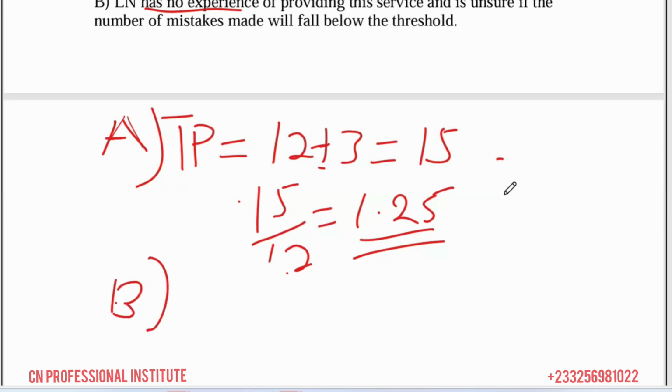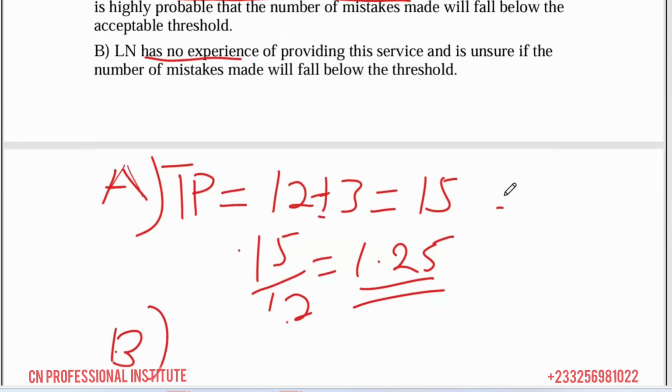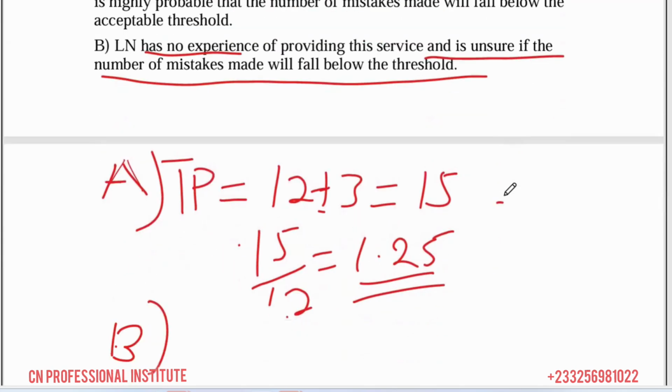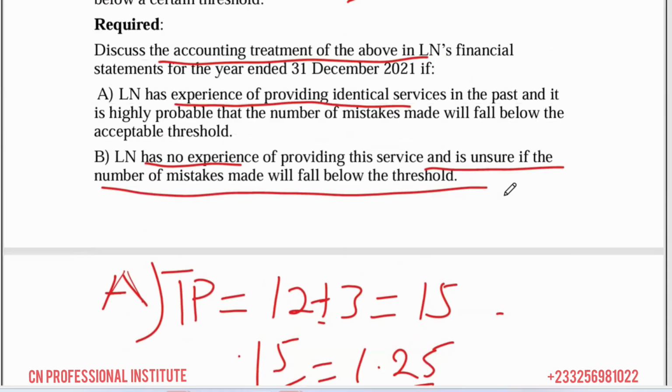B, we are told that Ellen has no experience of providing this service and it's unsure if the number of mistakes will fall below the threshold. So they don't have experience. The question is saying, if you don't have experience, how likely is it that they will meet the condition and that the number of mistakes will fall below the threshold? If they don't have experience, then it's not probable that they can meet the condition.